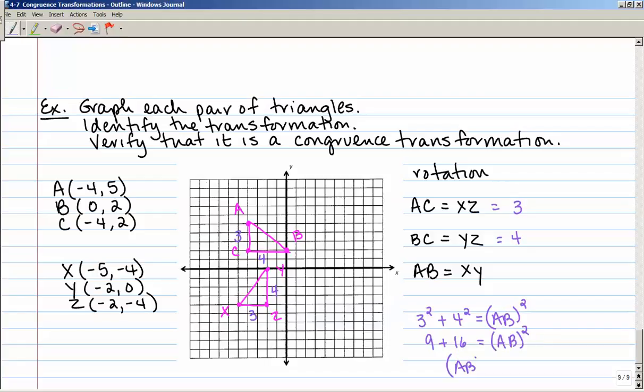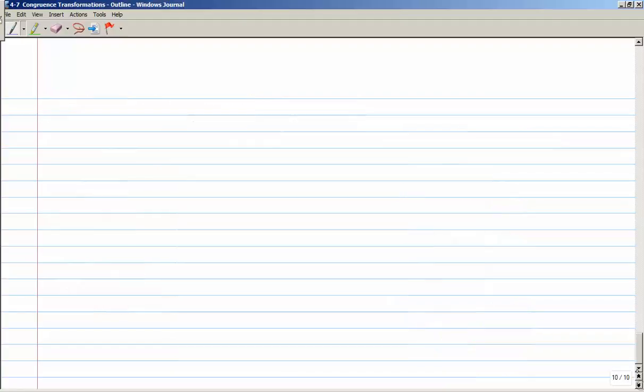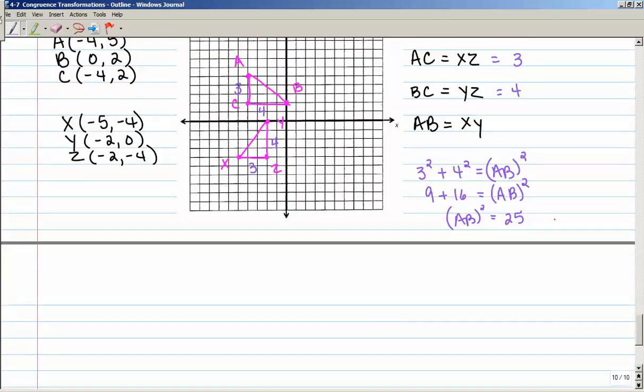So AB squared is 25. I'll give myself a little more room here. Or AB is equal to 5. Now, is XY going to be the same thing? In fact, it is, because XZ is 3 and YZ is 4, so those are both going to be 5 units long.